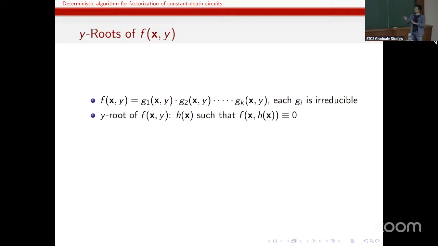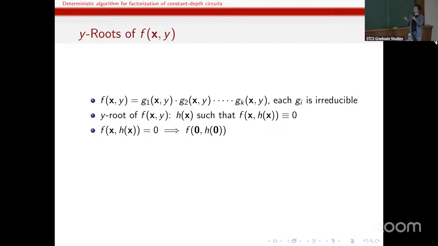Let's just focus on a case where h(x) is some polynomial such that if you replace h(x) in the place of the y variable, then this becomes 0. So h(x) is a root, right? And if h(x) is a root, using high school algebra, you can see that y minus h(x) is a factor. So this is really a special case of factors.